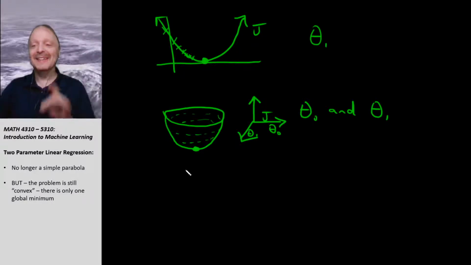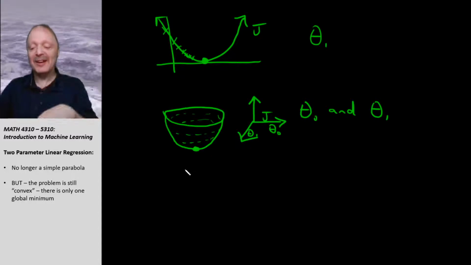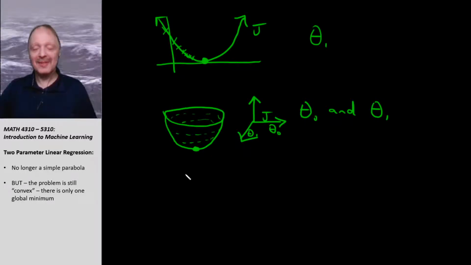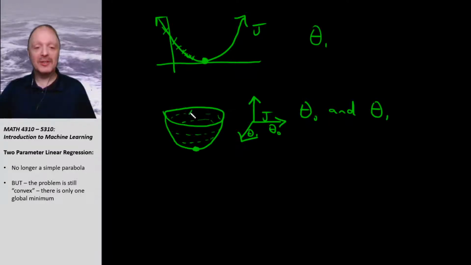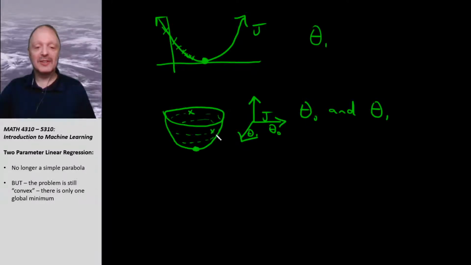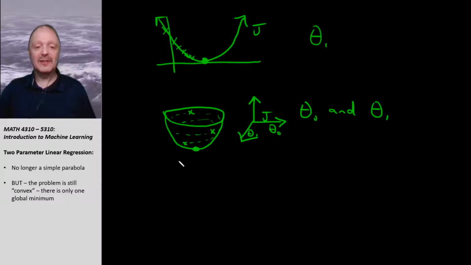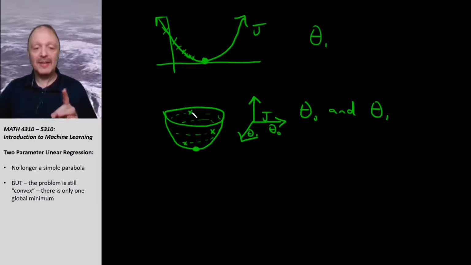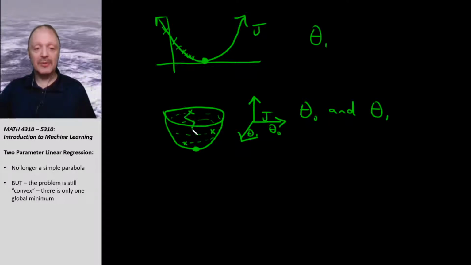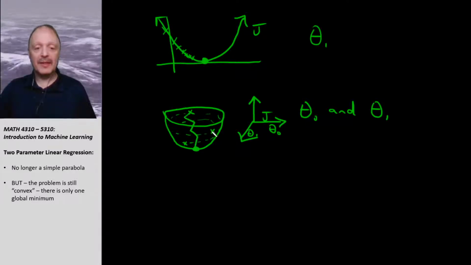Every bowl has a minimum value at the very bottom of the bowl. It's not some crazy bowl, and it doesn't matter where I start. If I start here, here, or here with my guess, I am still going to get down to the global minimum. Now, you may take kind of a roundabout path.